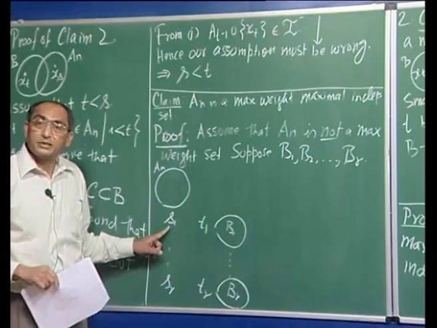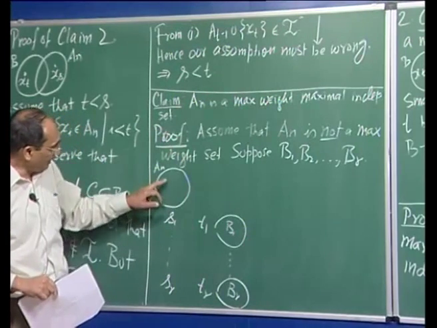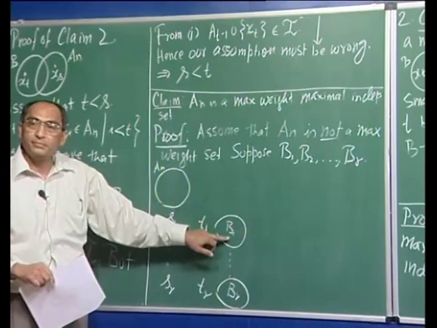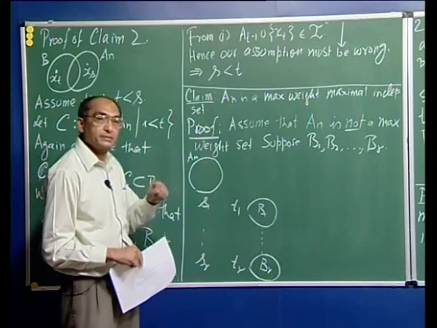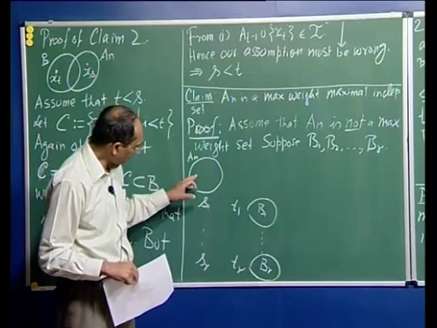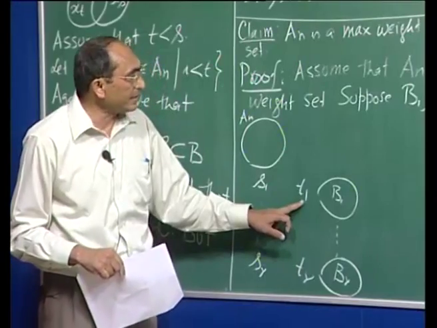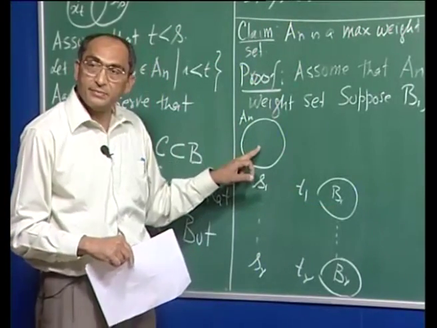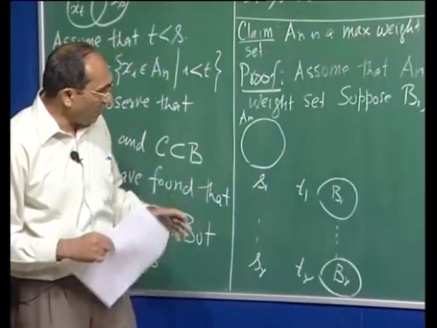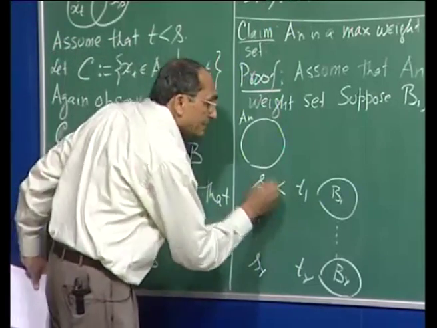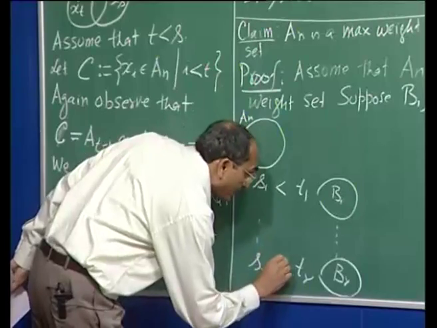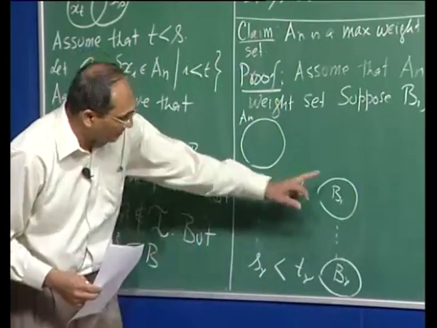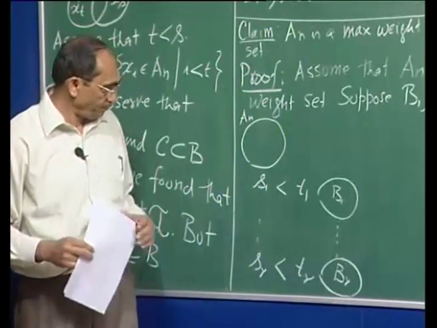This S1 is in A n minus B1. It is the smallest index among them. T1 is the smallest index in B1 minus A n, and we have already shown that this is the inequality. So, we will claim that the same is true with each one of these sets.